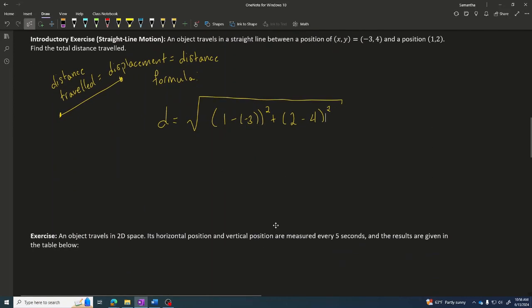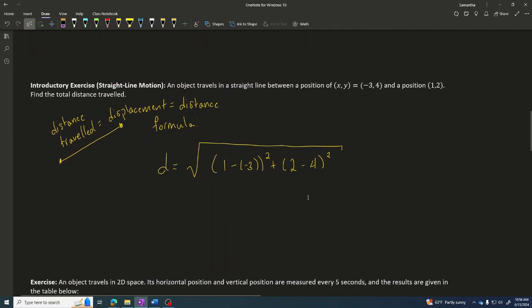And the sum of those two squares, square rooted, would be the total distance traveled by the object. Now I'm going to make a note. Here I have used the specific values of 1 for x, -3 for x, 2 for y, and 4 for y. But in general, of course, this is your final x value minus your initial x value, and this is your final y value minus your initial y value.